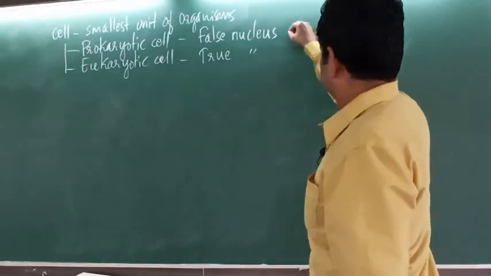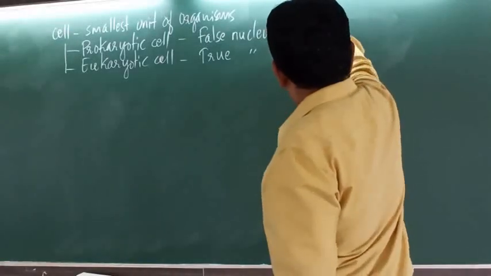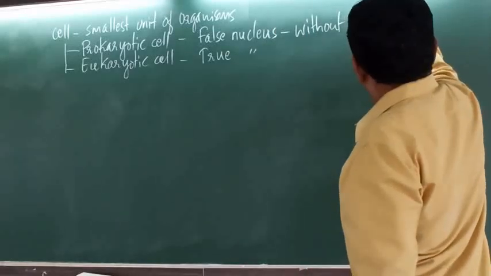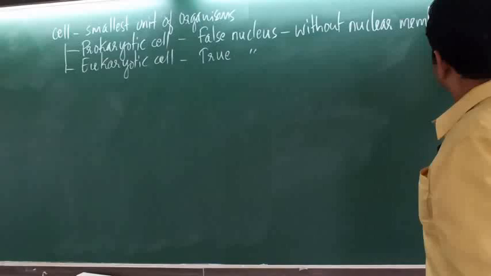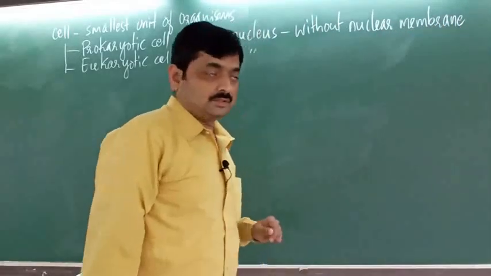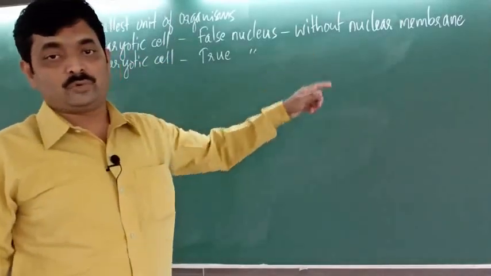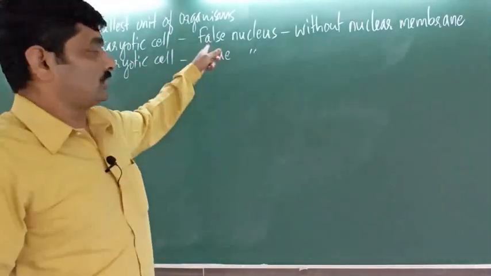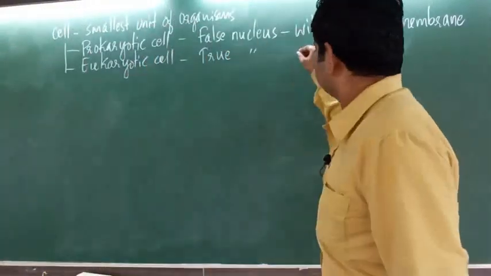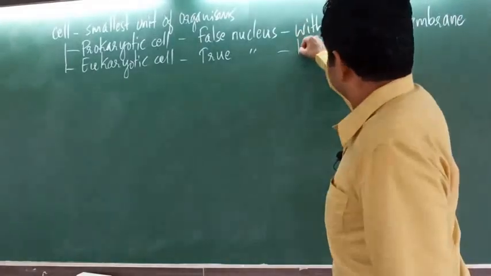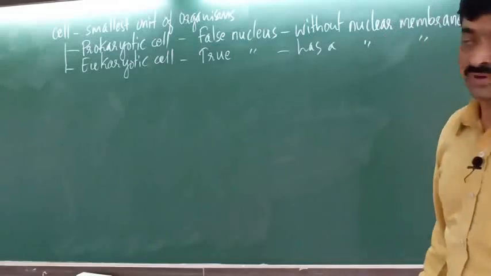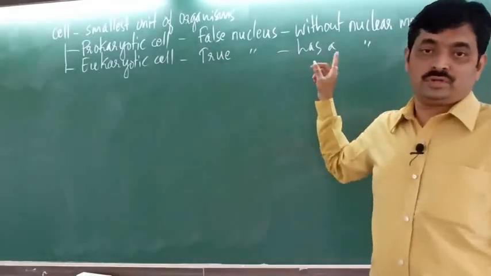So false nucleus is a nucleus without a nuclear membrane. It is called false nucleus. Similarly, a true nucleus is a nucleus which has a nuclear membrane. Then we can call it a true nucleus.